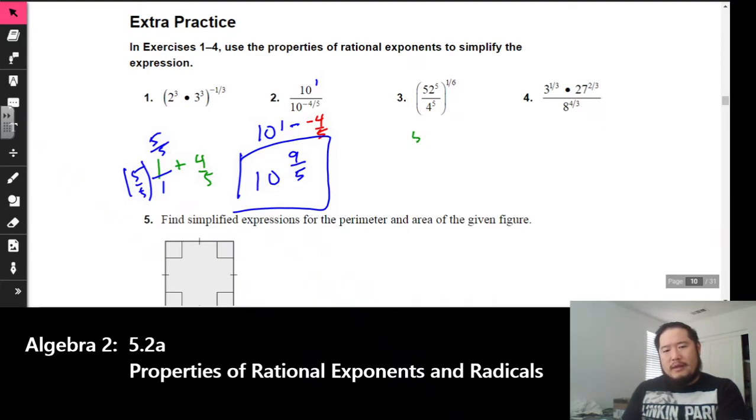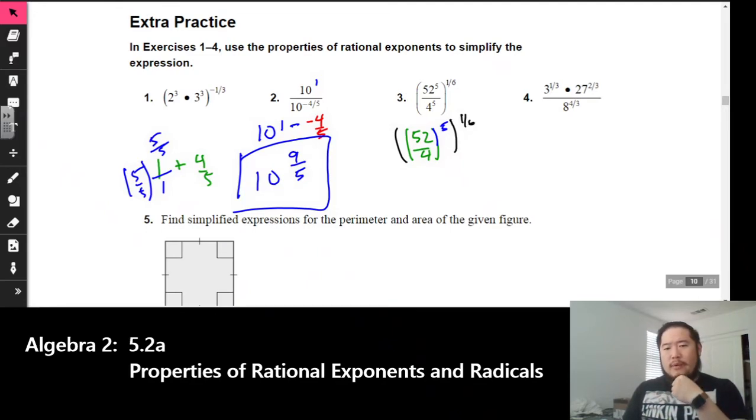So what if I go ahead and take this, and let me rewrite this like so. Or sorry, let's change that to 5. Because they both have the same exponent, right? So what if I take the exponent out? And remember, the rule here is this. If we take the power of a quotient, the power goes to both numerator and denominator. All right, so now we have that, and let's not forget the 1/6 power. So we're actually going to take this and raise it to the 1/6.